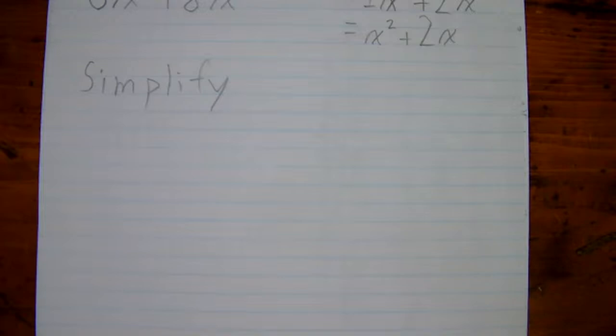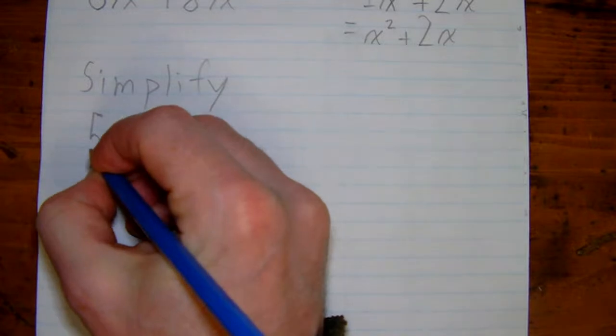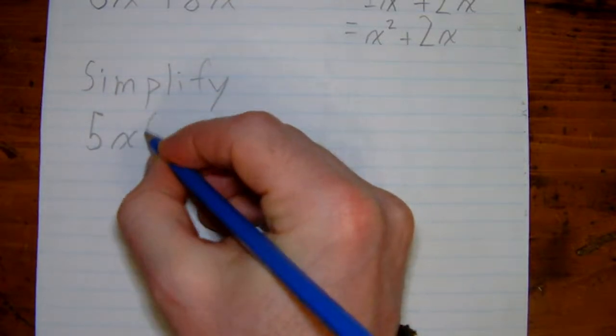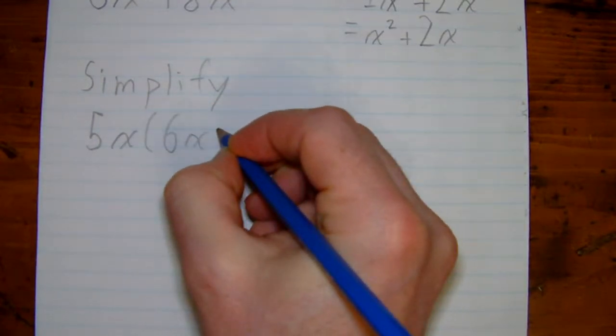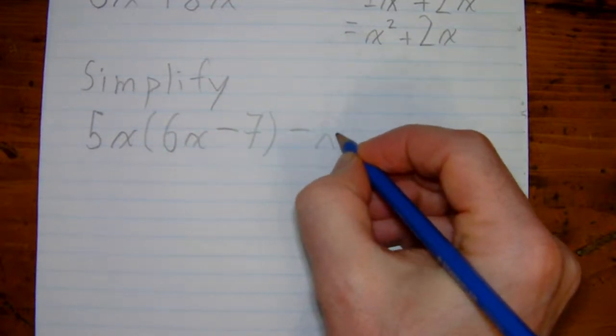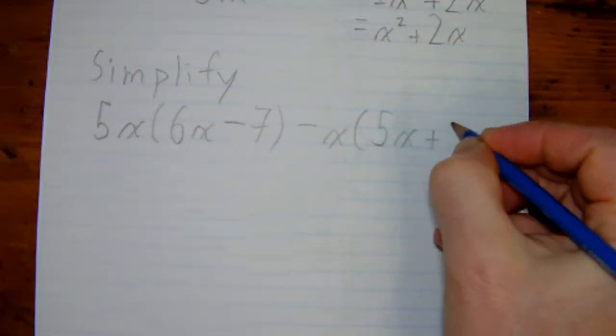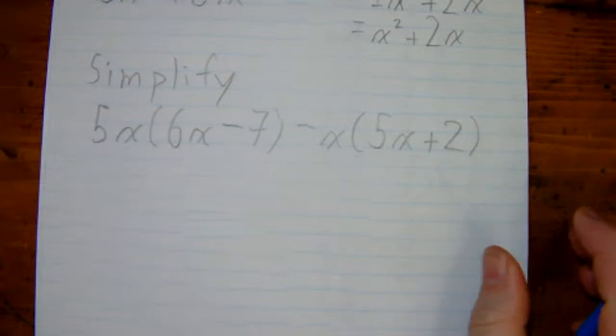But if we have an expression with no equal sign, then usually the most we can do is to simplify it, to make another expression that has the exact same values, but is simpler to write. So here we're going to simplify 5x times 6x minus 7 minus x times 5x plus 2.